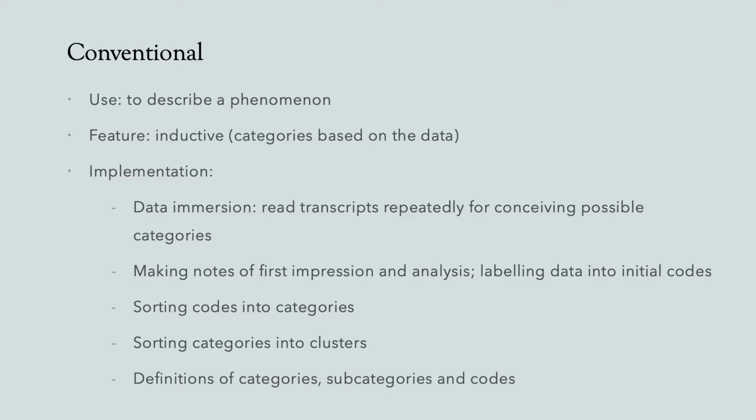Then we sort them into categories based on their relationship, and then we sort the categories into clusters. Finally, we develop the definitions for the categories, subcategories, and codes. So that is the conventional data analysis approach.